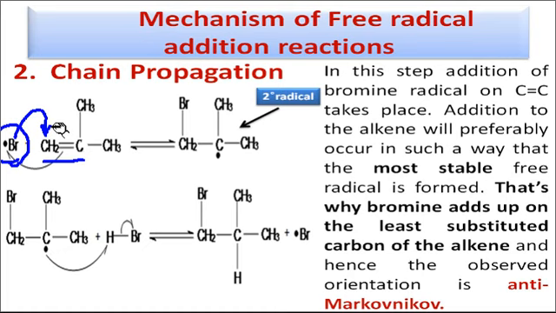This is the first attack of the bromine radical, in which bromine always attacks the carbon atom which has the higher number of hydrogen atoms, or which is the least substituted carbon atom. Because this type of attack results in the formation of the more stable free radical. That is why this attack takes place.